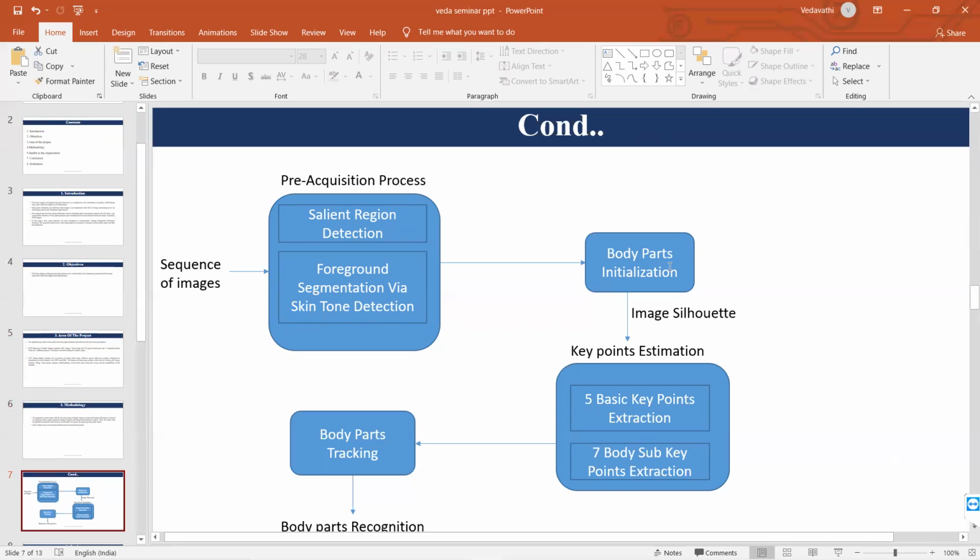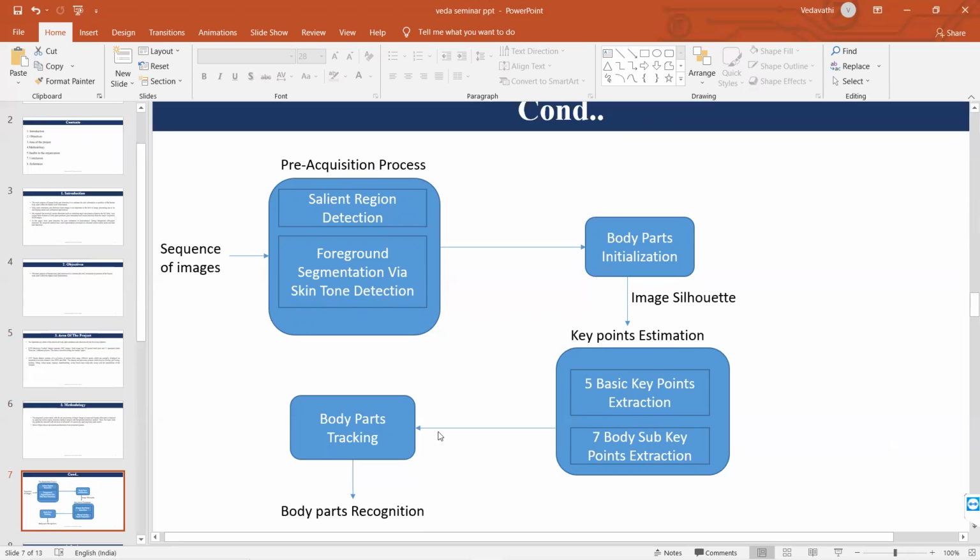Then in body part initialization we will initialize the body parts, and here key point estimation, like what are the basic key points we need to extract, we will extract here, sir. Based on the 5 basic key points, we'll extract 7 sub body points, and then we'll track the body points, and then we'll recognize the body parts.